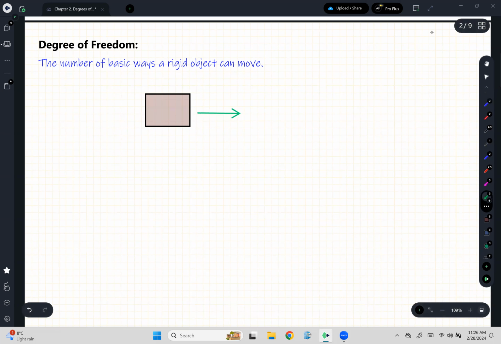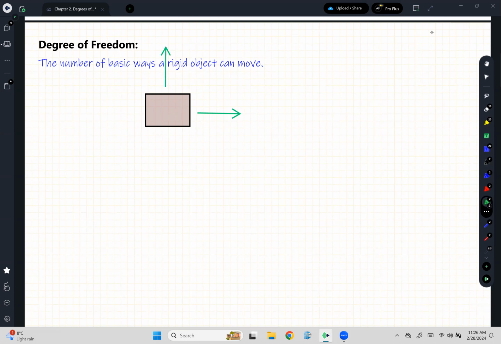It can move in the X direction, it can move in the Y direction, and it can also rotate, in a rotation like that. If we want to put some parameters, we'll call them X, Y, and theta. So the degrees of freedom for this system is equal to 3.